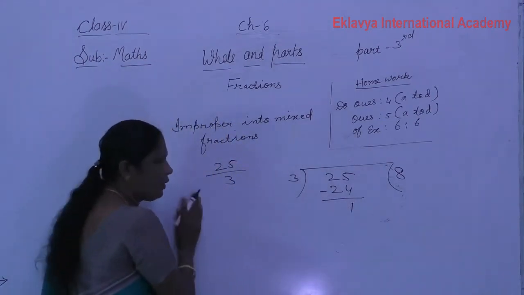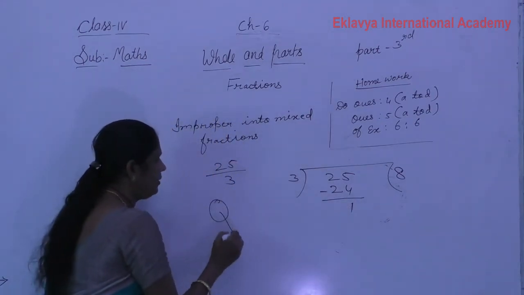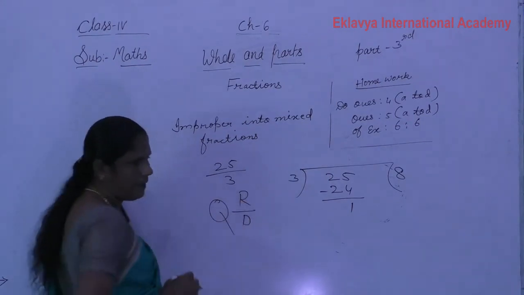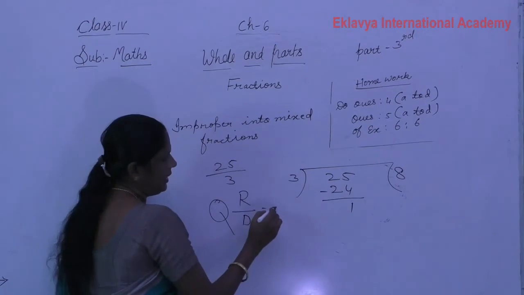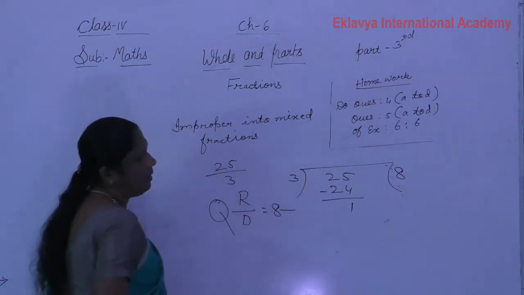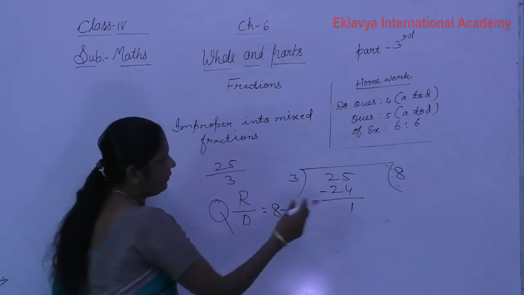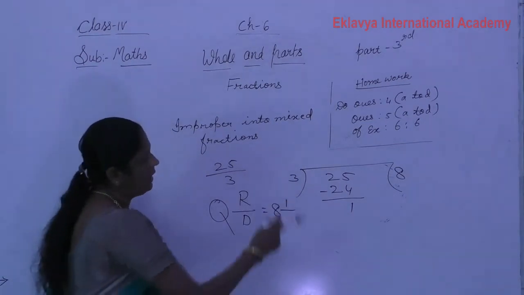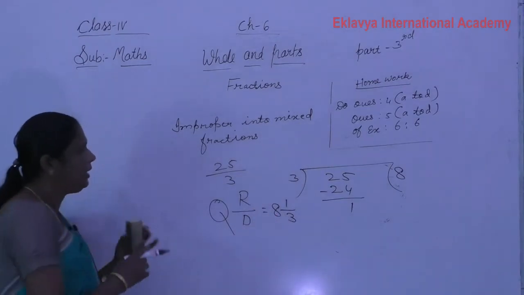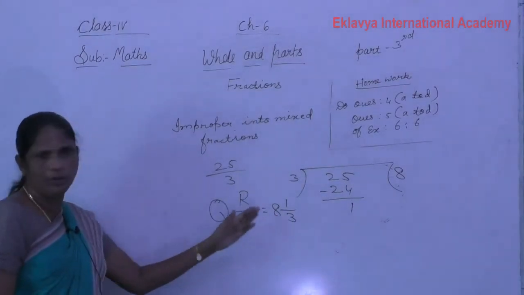Then what is our formula? Quotient, then remainder, then divisor. What is our quotient? 8 is our quotient. What is our remainder? 1 is our remainder. Then divisor is 3. Understand? You convert improper into mixed.